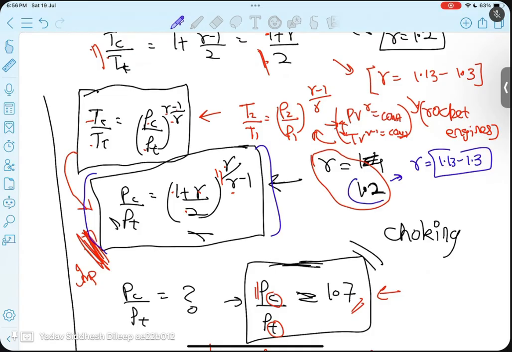Let's take the value 1.2, which is average. I want you to do this calculation. Take exactly 1 minute and solve it. For gamma equals 1.2, what is this Pc by Pt coming out to be?